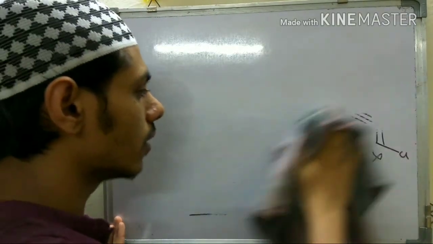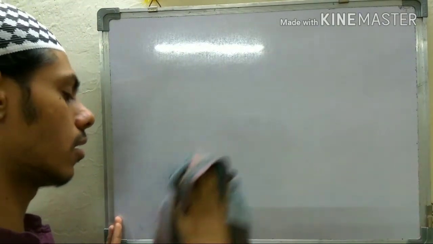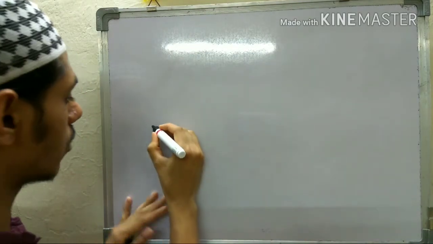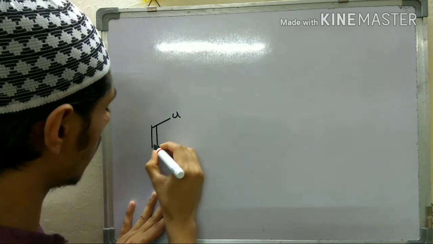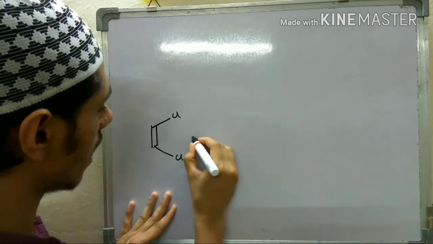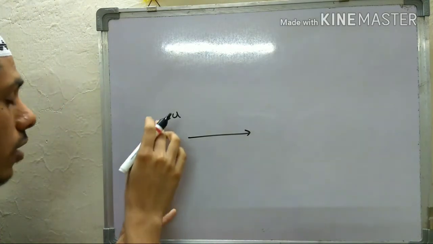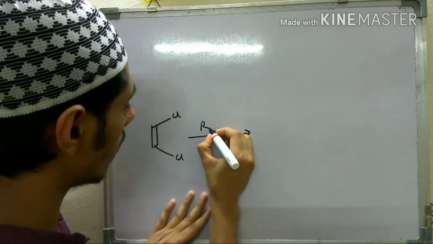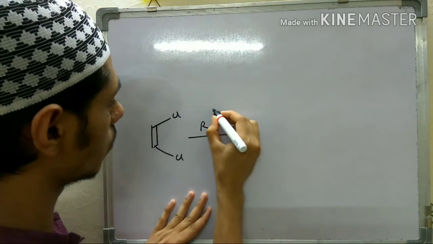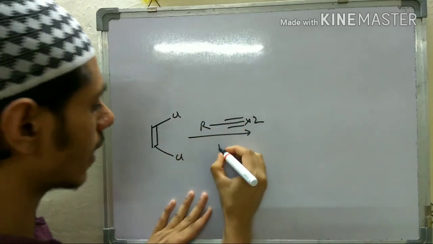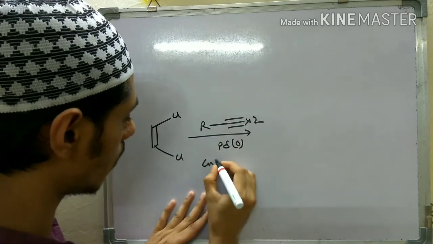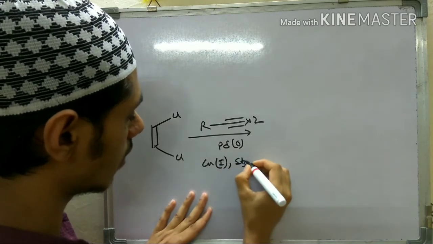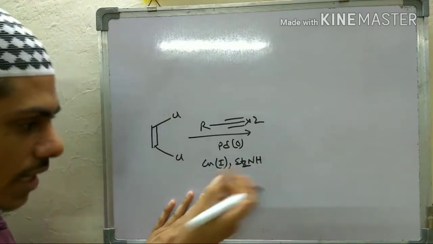Now one of the very important reactions that can happen after this Sonogashira coupling is this. Let's say you have the same type of vinyl halide, a vicinal vinyl halide, and you are reacting two equivalents of this compound in the presence of a palladium 0 catalyst, a copper 1 salt, and let's say a secondary amine.